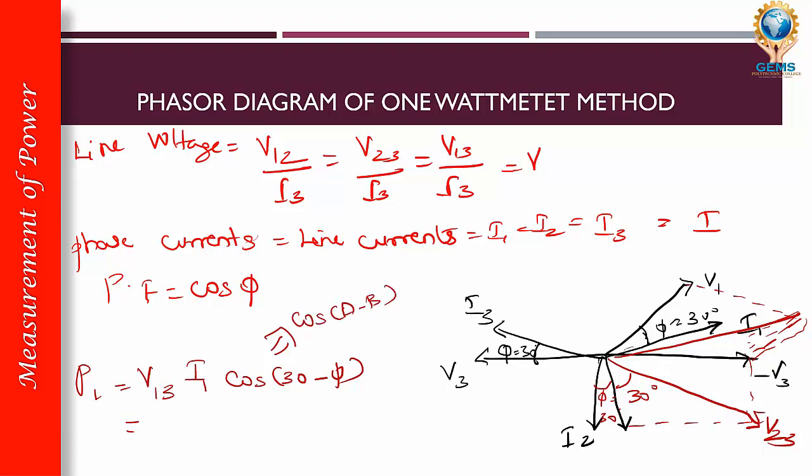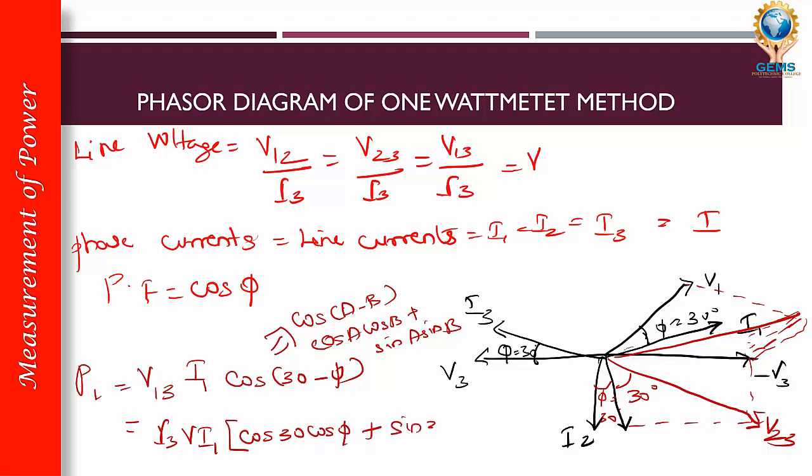It is nothing but cos A cos B plus sin A sin B. So applying this rule I get V13, which is nothing but root 3 into V, so root 3 V I1 (cos 30 cos 5 plus sin 30 sin 5).